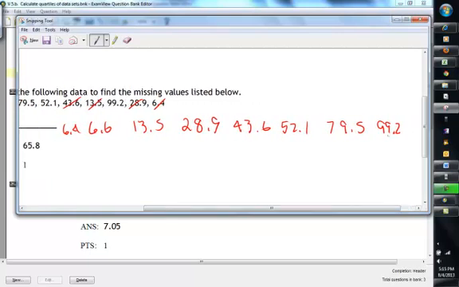Okay, there's 7 values here. 1, 2, 3, 4, 5, 6, 7, 8 values.